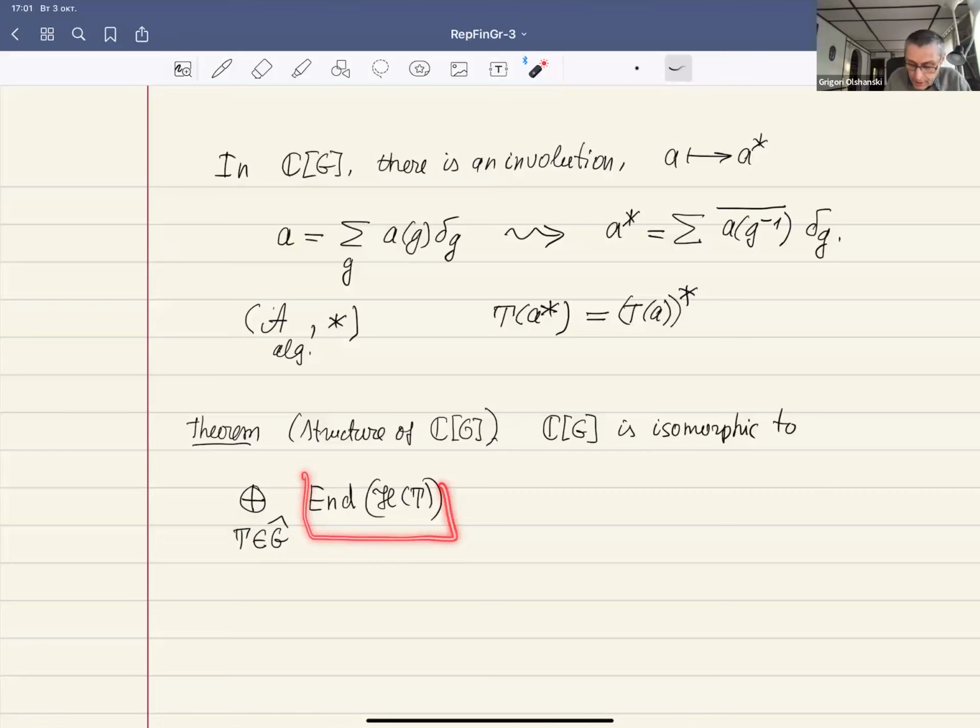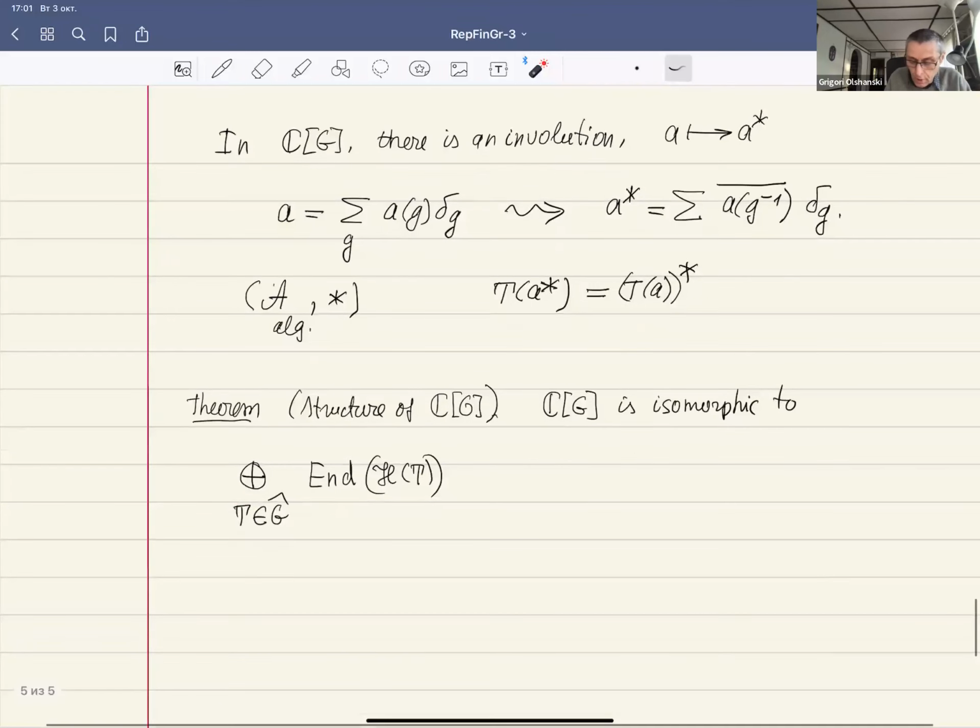If you take some basis in this space, this is exactly the matrix algebra. So the result is that we have this isomorphism.